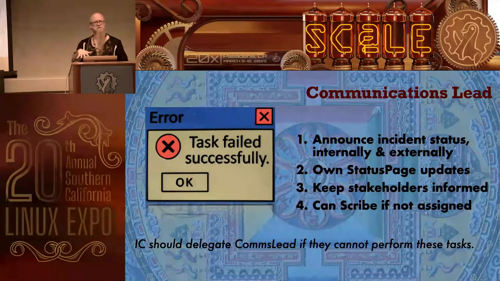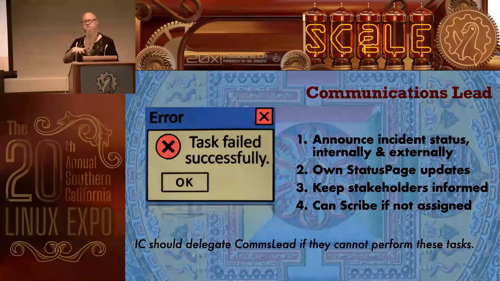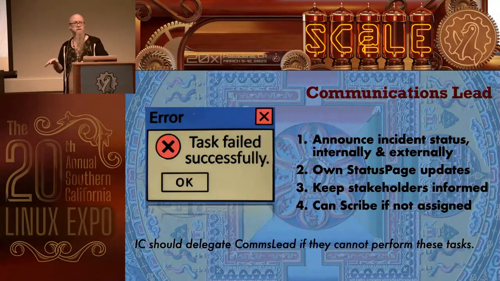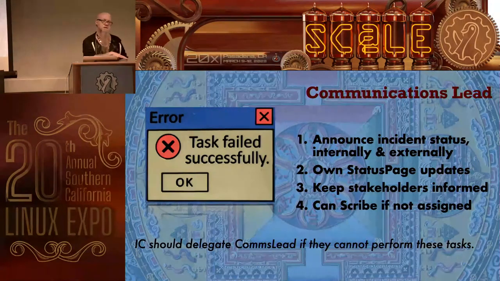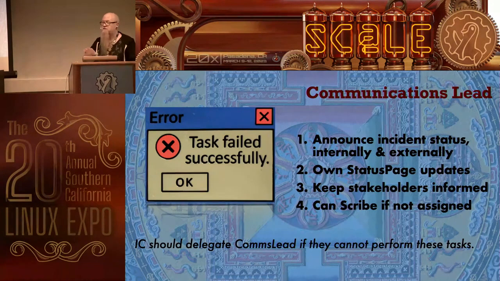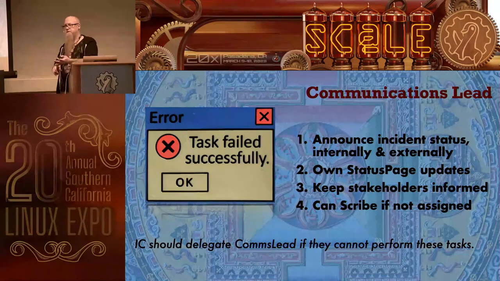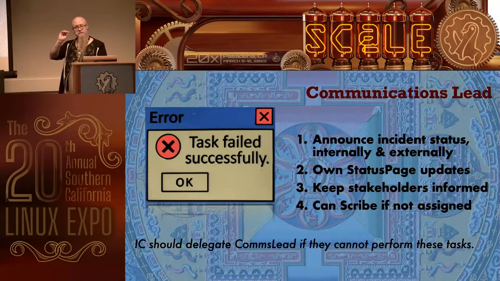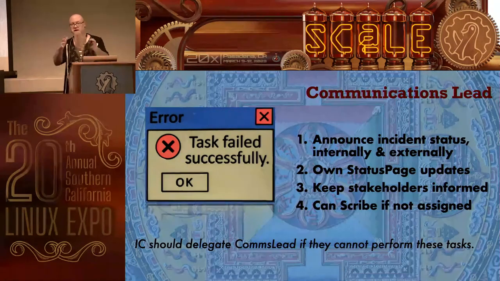One of the things that sometimes you can have in an incident is a dedicated scribe. Sometimes the communication lead can take on that responsibility. Sometimes the IC can take on that responsibility. But the thing to remember is that if they can't, give it to someone else, especially if you have a really complicated incident where you've got side meetings, maybe there are Slack threads going on in the main incident channel.